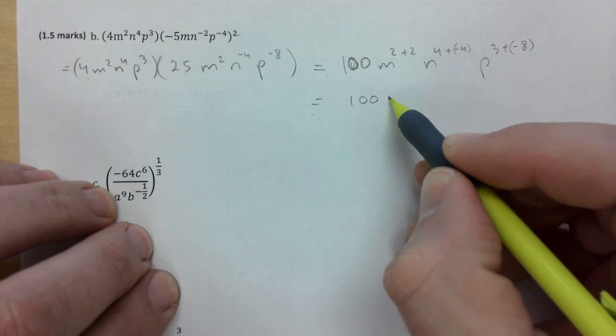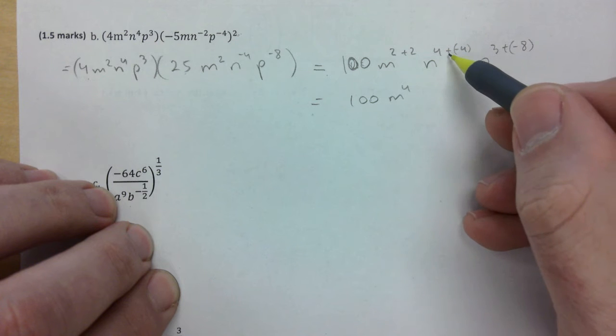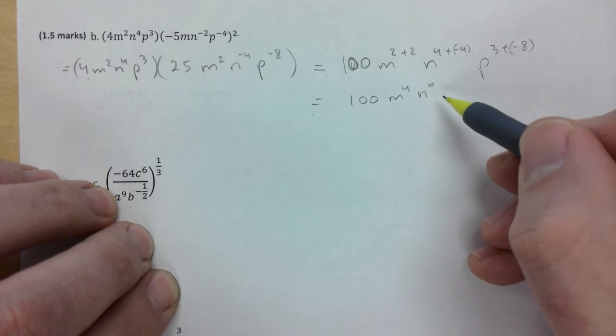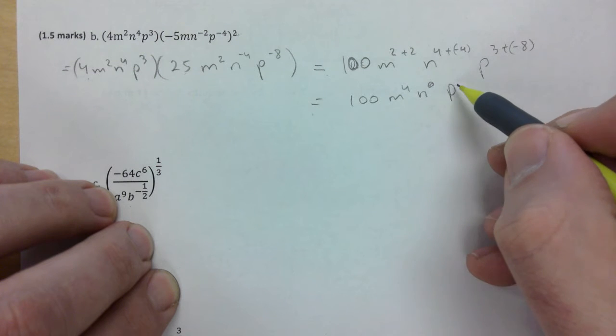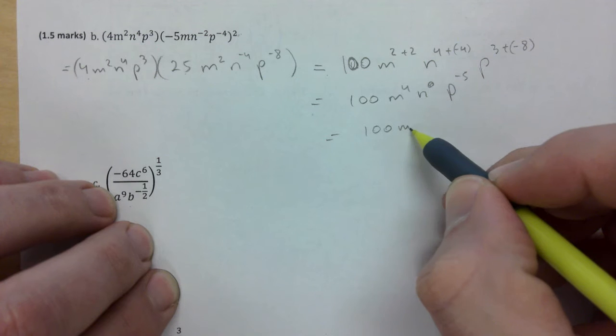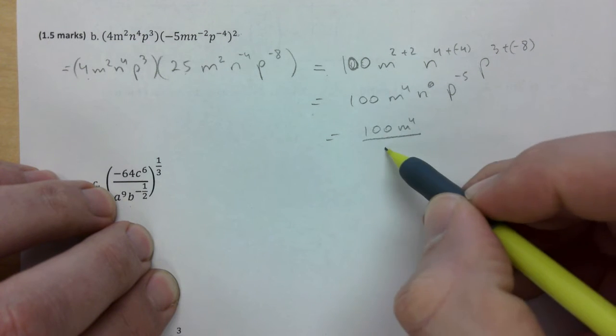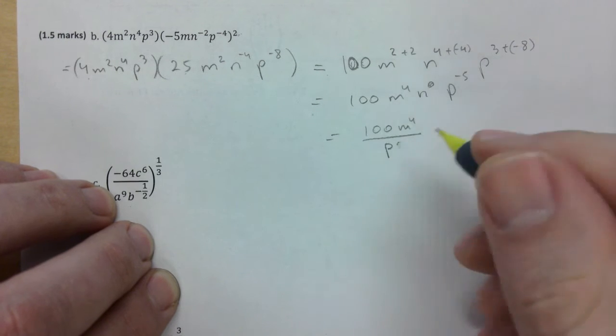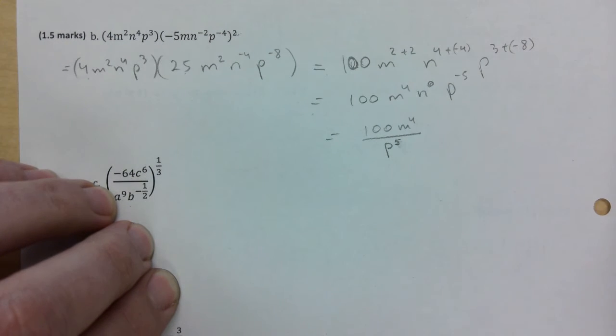That gives you 100 m to the 4. This will just be 0, right? N to the 0, P to the -5. We clean up, it's 100 m to the 4. P comes downstairs, and it's P to the 5. Sorry, that should be clear that it's an exponent. Like that.